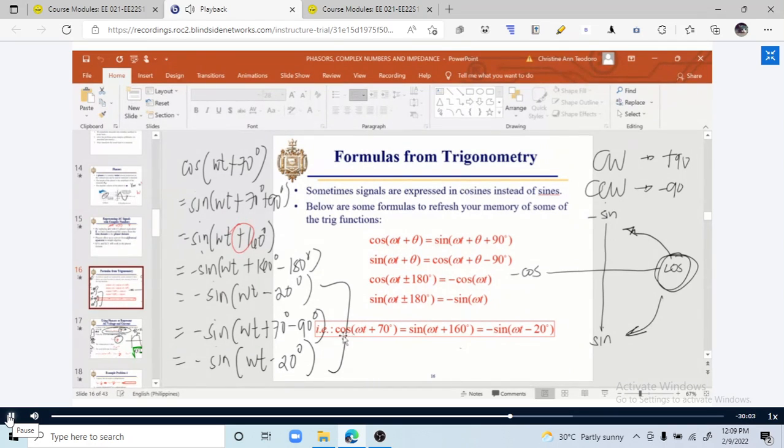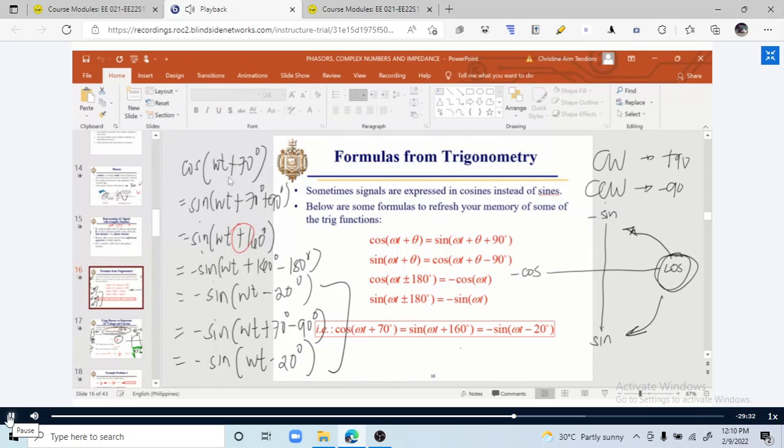Now, if you have cosine omega t plus 70 and your convention is sine, as stated in the instruction, you need to convert your given into sine. From cosine to sine, that is clockwise, right? So you should add 90 to the original setup.